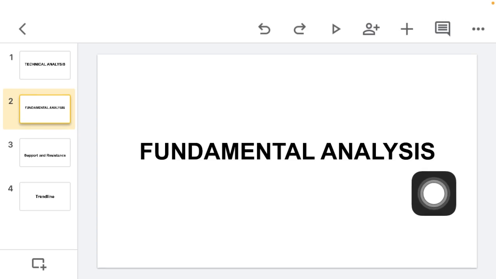So we have two forms of forex trading. We have fundamental analysis, and we have technical analysis, which is the one I just finished talking about. Technical analysis is you using tools, whereas fundamental analysis is you making use of the news to analyze the market.